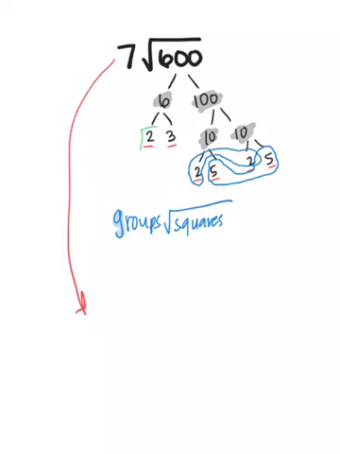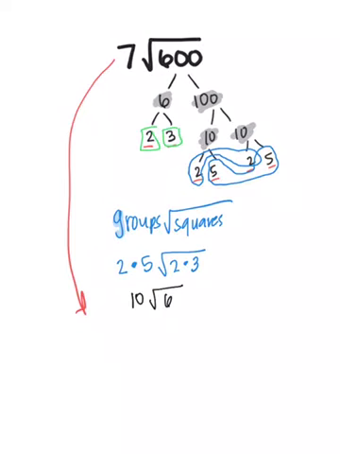Then unfortunately this 2 and this 3 do not have a group. So moving on, my groups go out front. I have a group of 2. I have a group of 5. If we have multiple groups, we multiply. The squares, I don't have a group. I just have a 2 and I just have a 3. And so my answer, 2 times 5 is 10. Square root 2 times 3 is 6.